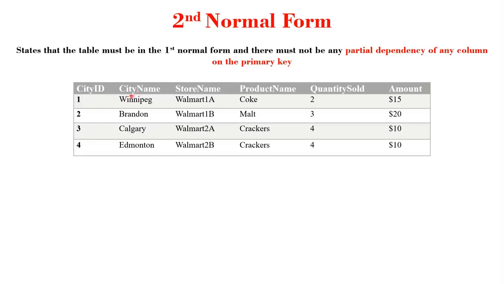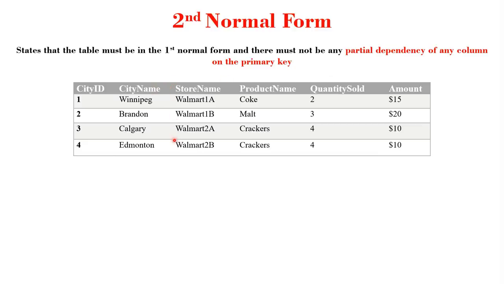Here we have city name, which fully depends on the city ID. The city ID is a unique identifier of the table or the primary key. So city name fully depends on city ID, but we cannot say the same for the rest of these columns.